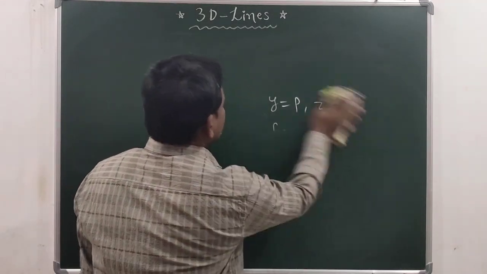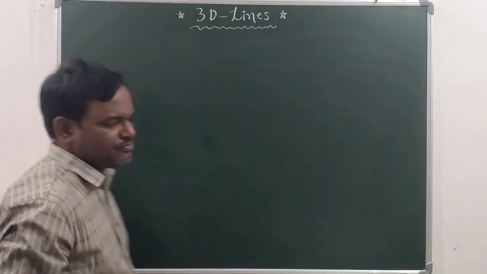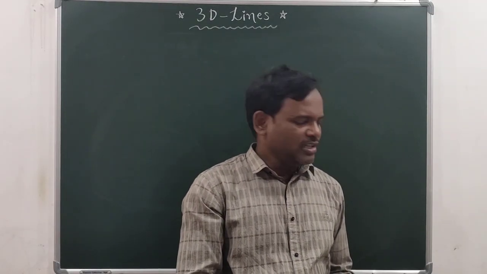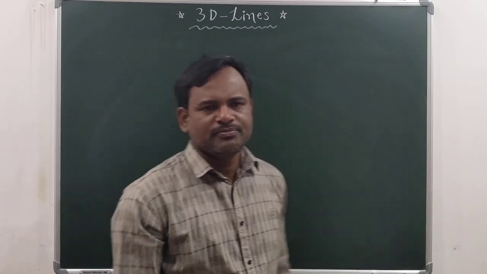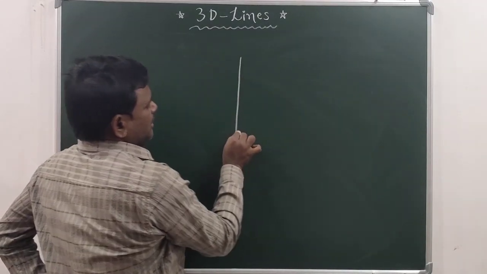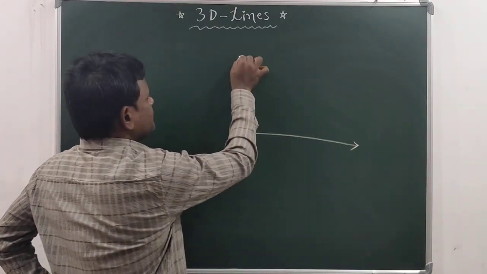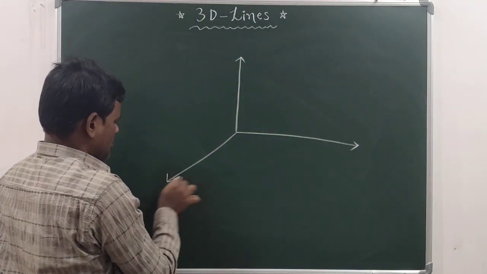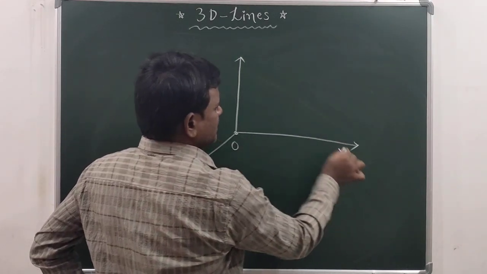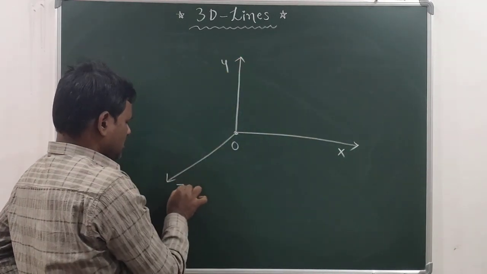Next, I am going to tell you the symmetric form of a line in 3D. Take this 3D coordinate system. This is the origin, this is the x-axis, y-axis, z-axis.